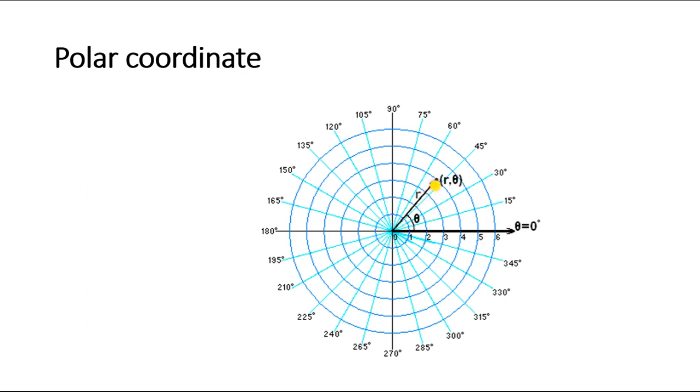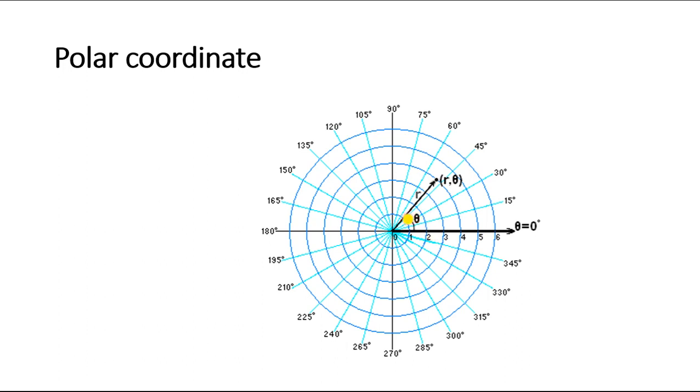The second ray is the end ray. For example, for this theta, the initial ray is theta equals 0 and the end ray is theta equals 45.